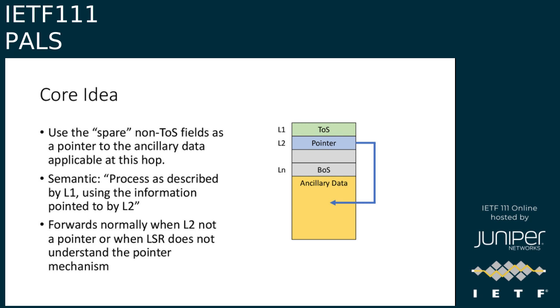It forwards as normal when L2 is not a pointer, so you're not requiring that a pointer follows the top of stack. So it's a normal MPLS label stack most of the time, but if we wish to insert a pointer, we can do so, and that pointer directs us to specific content of interest.